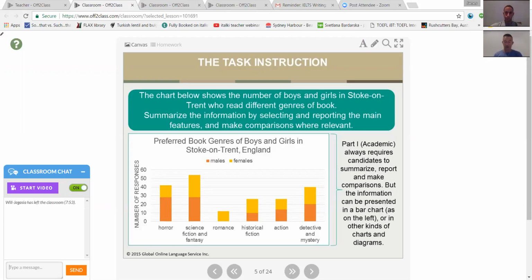So I could ask the candidate to write a sentence outlining a main feature, and off you go. You need to make sure that your student is writing during the exam. That's really important. So just start by showing them a graph such as this, and start with the main features.